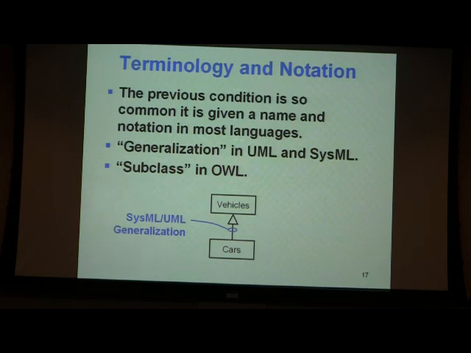In UML and SysML it's called generalization, and in OWL it's called subclass. It only means that any instance of car is an instance of vehicle. That's all it means. A lot is often read into that, but that's the formal meaning.